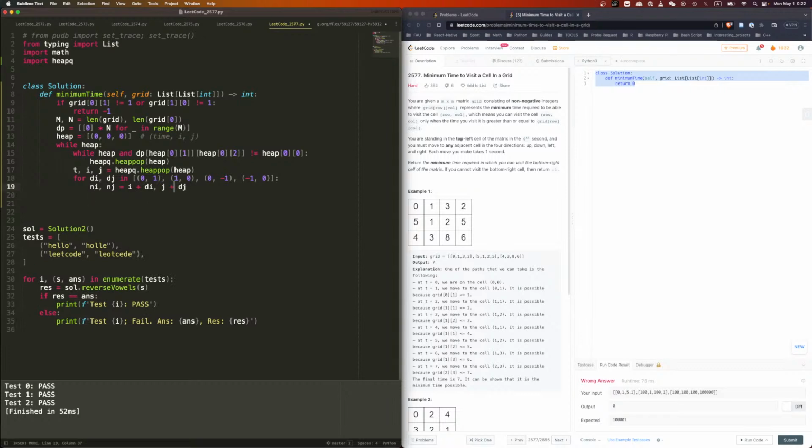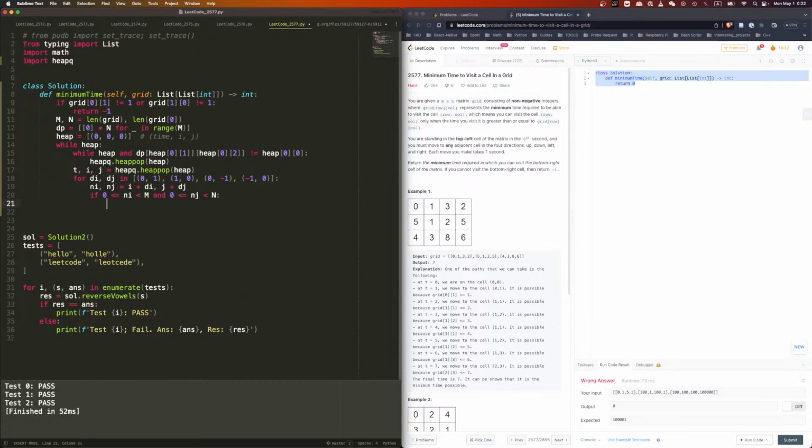So that's that. Then what? If 0 smaller or equal to ni smaller than n, and 0 smaller or equal to nj smaller than n, okay?